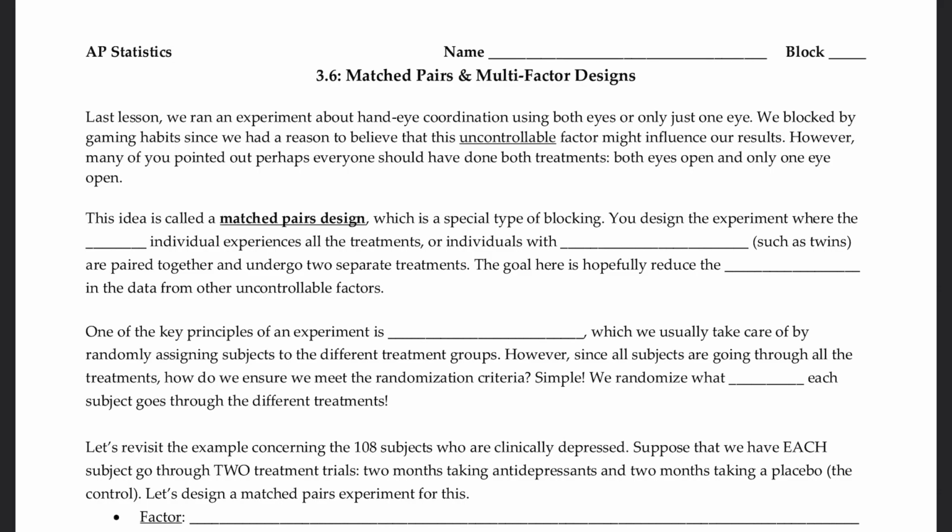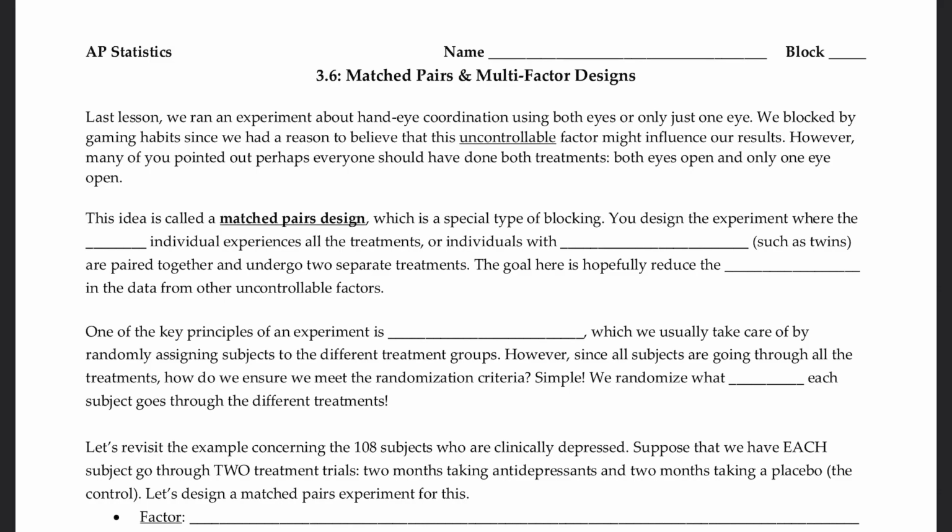Last lesson we did a little lesson about hand-eye coordination, with you in one of two treatment groups, either using both eyes or just one eye. We blocked for gaming habits because we thought that might affect hand-eye coordination and influence our results.